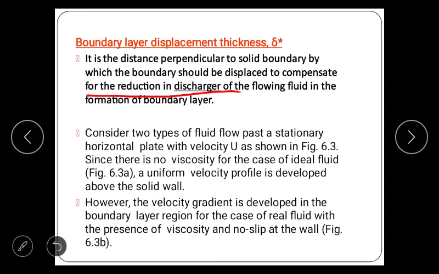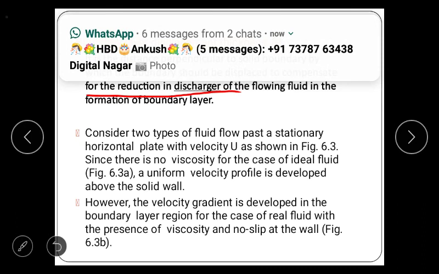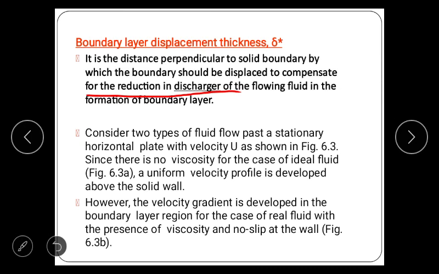We have already discussed that all these are nothing but distances. Thickness means the distance. So it is the distance perpendicular to the solid boundary by which the boundary should be displaced to compensate for the reduction in discharge of the flowing fluid in the formation of boundary layer.